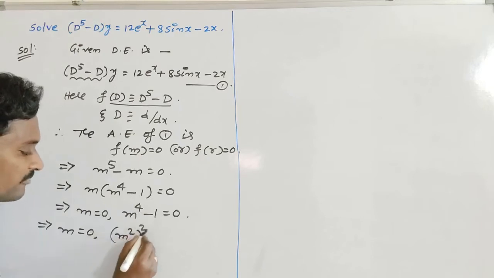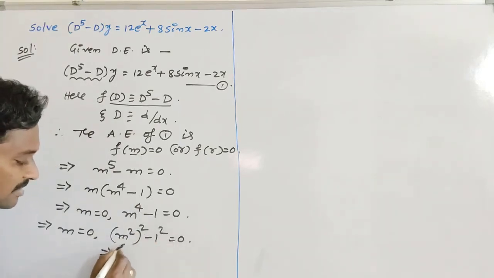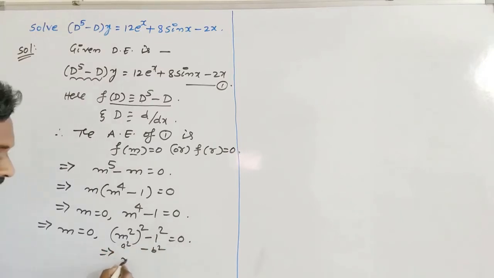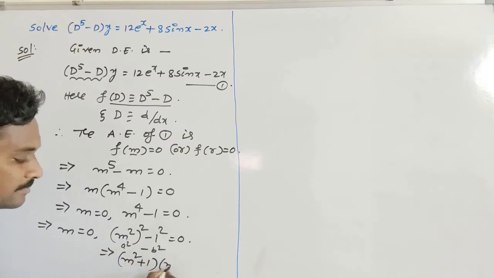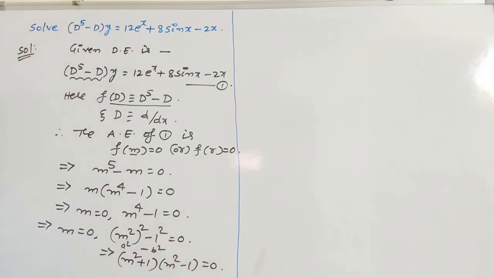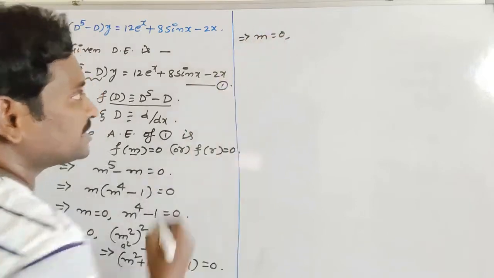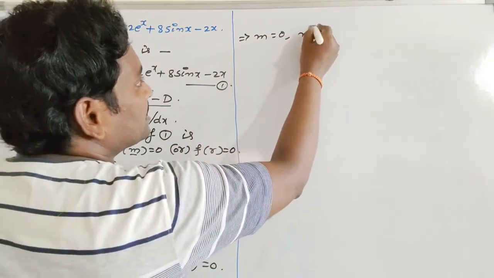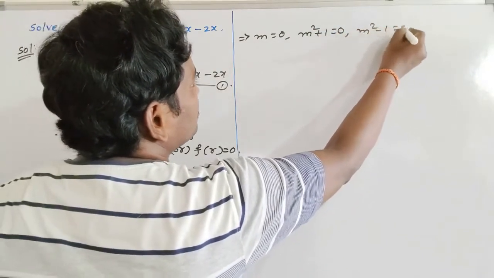m^4 - 1 can be written as (m^2)^2 - 1^2 = 0. So it is in the form of a^2 - b^2, which becomes (a + b)(a - b): (m^2 + 1)(m^2 - 1) = 0. So m = 0 is a root, m^2 + 1 = 0 is another one, and m^2 - 1 = 0.